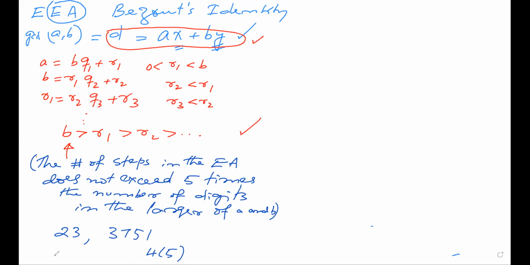Well, we know there will be at most B minus 1 steps, but this makes it a little bit more precise. But how do you know this? There is a proof of that.